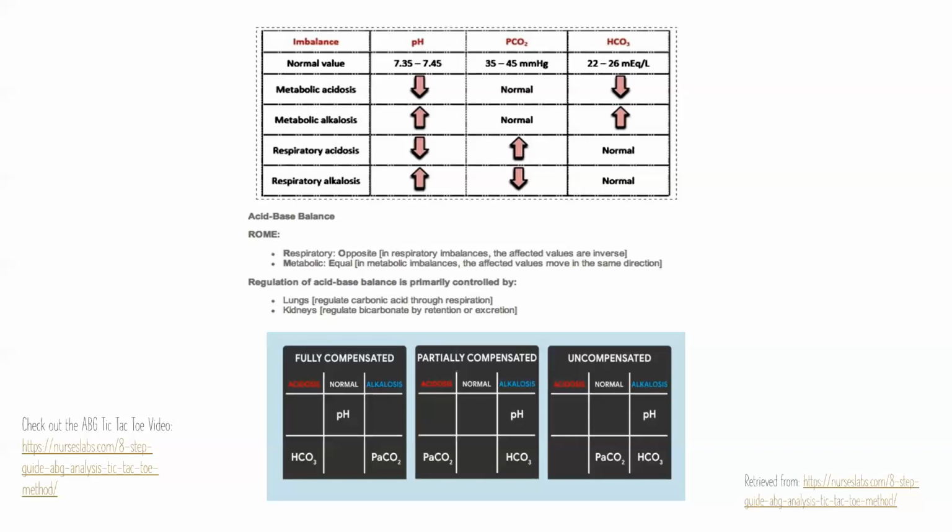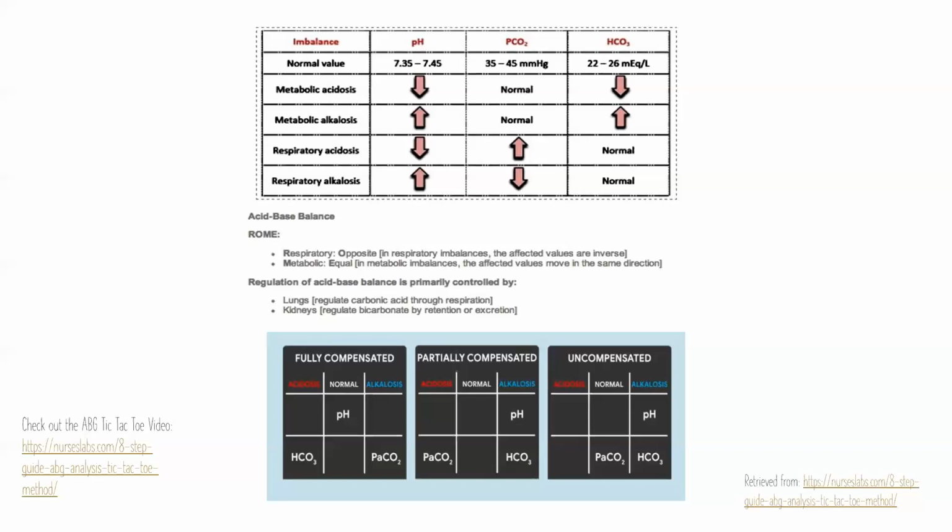So this patient is partially compensated. In the next case, this patient is uncompensated, because the pH is alkalotic and the bicarb is alkalotic. So this patient is uncompensated. We'll do one problem and see how that actually works in play.